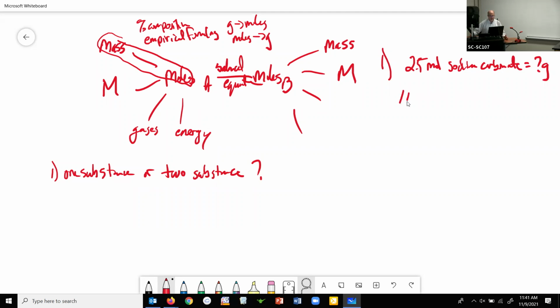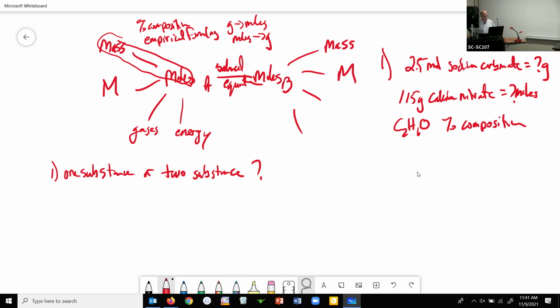Or if I've got 115 grams of calcium nitrate, how many moles is that? Or if I've got C2H6O, what's the percent composition of each element? Or let me see, sorry, let me crunch the numbers here real quick.